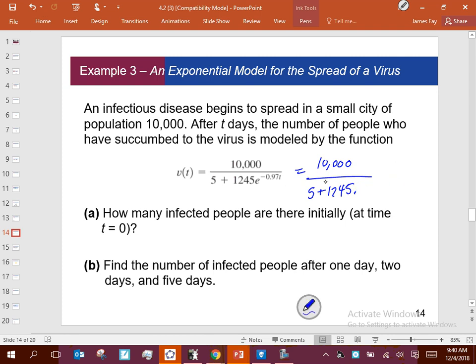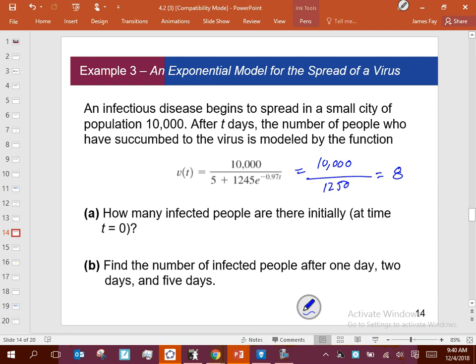So I've really got 10,000 divided by 1250. If I divide that out, it gives you 8. So we figured out that 8 people were initially infected with this virus. Does that make sense?